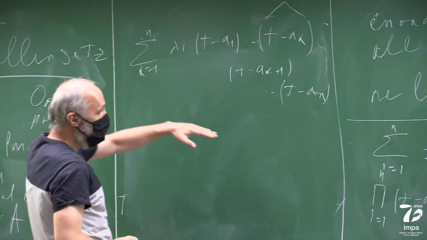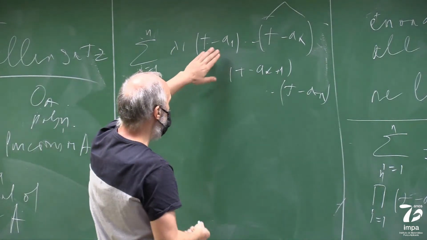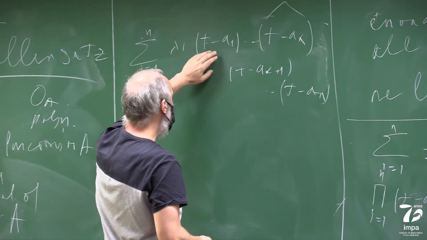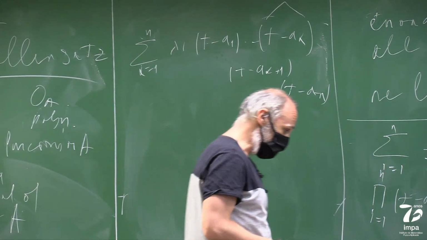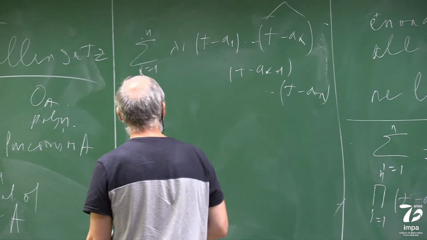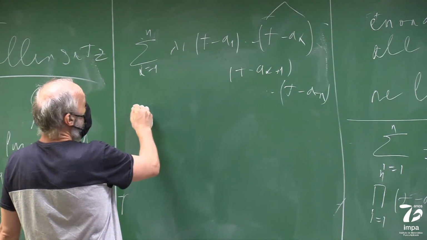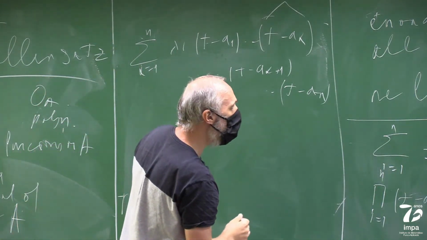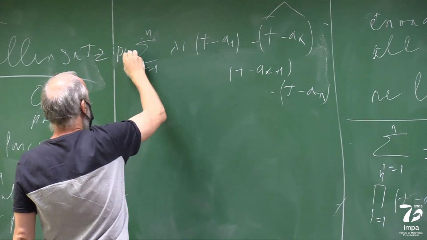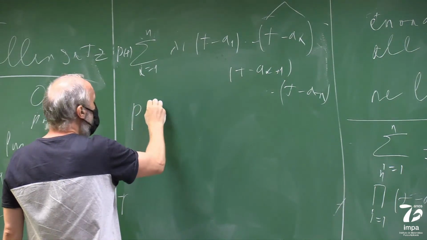So it's an n minus 1 degree polynomial obtained by product of these linear functions. Let's call this p of t, it's a polynomial, and we apply p of t to a1.